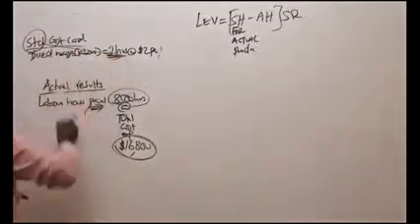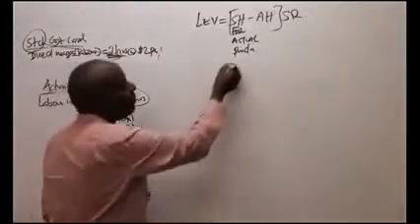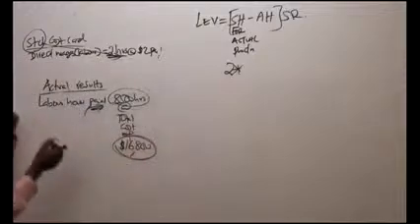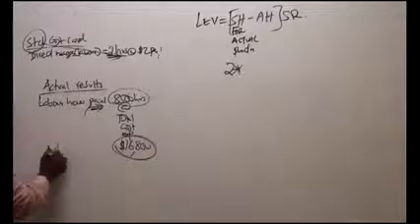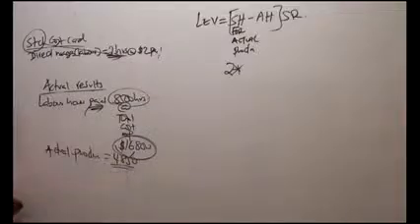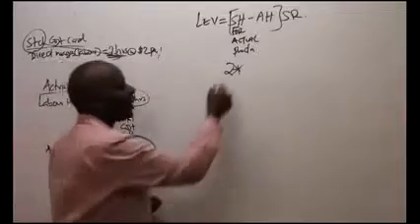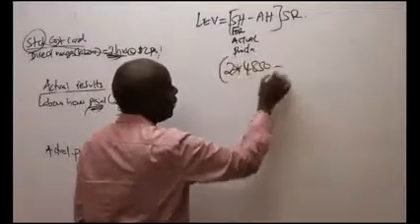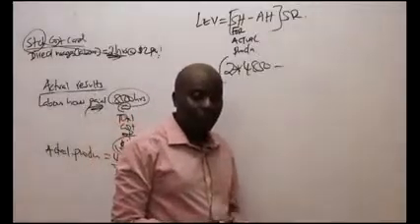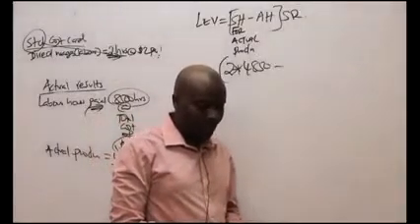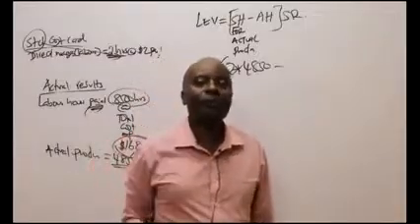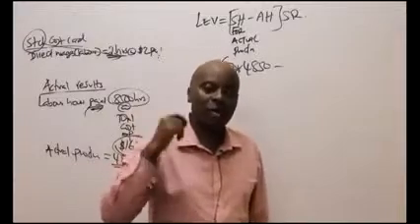But now remember, because of the words actual production, you must look for the number of units that were actually produced. And if you remember very well, we had this figure where we said that the actual production was 4850. So we have 2 times 4850, minus actual hours. Ladies and gentlemen, for actual hours, how many actual hours should I use? How many hours did these guys actually work?